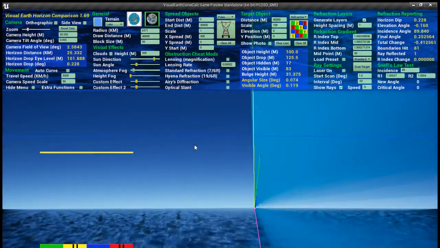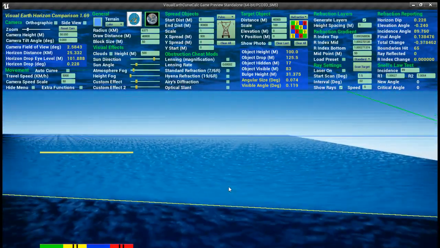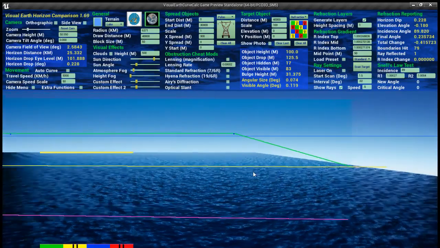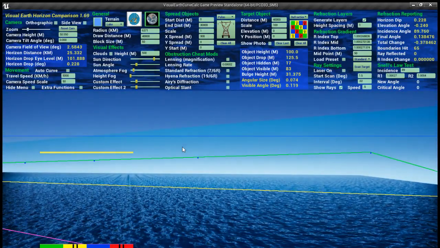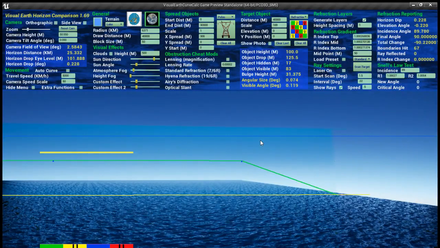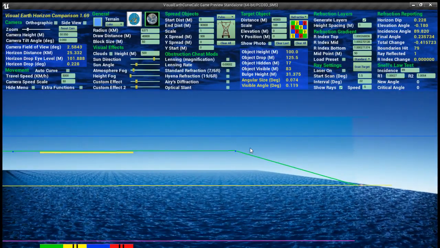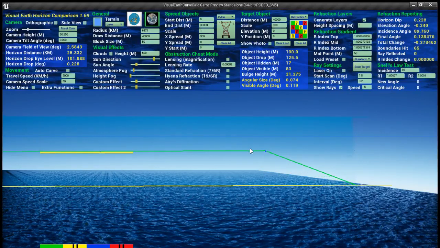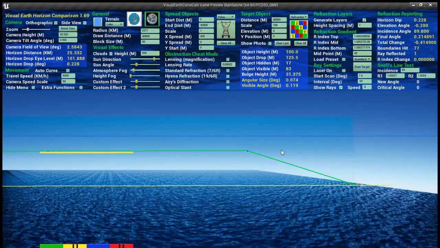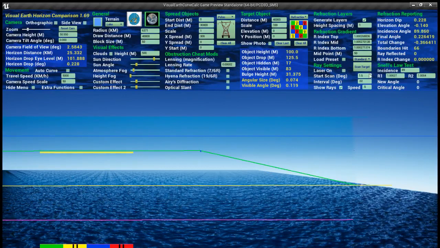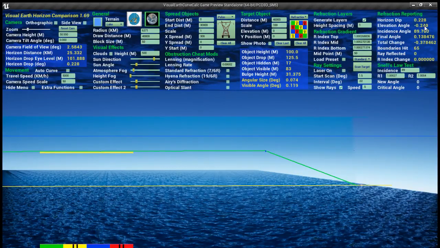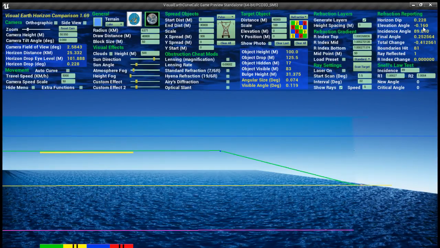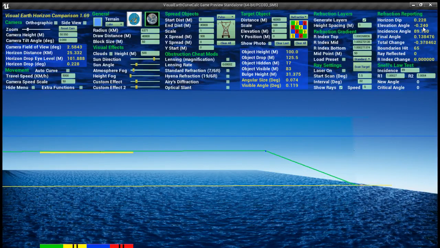So if we kind of look at these rays, see what they're doing. Oh, I know why. It's not even going. I think I have it stop scanning it. Oh no, it's scanning till it hits water.